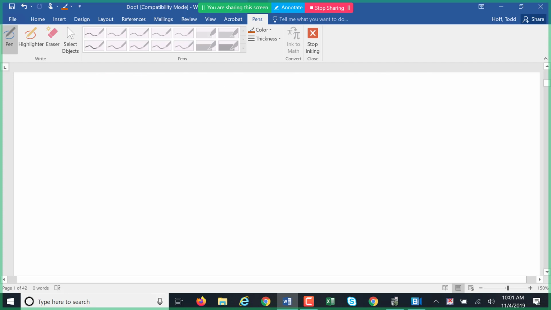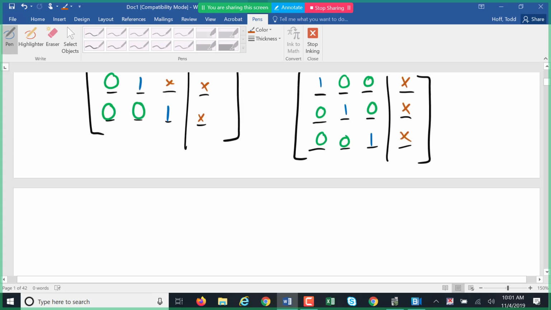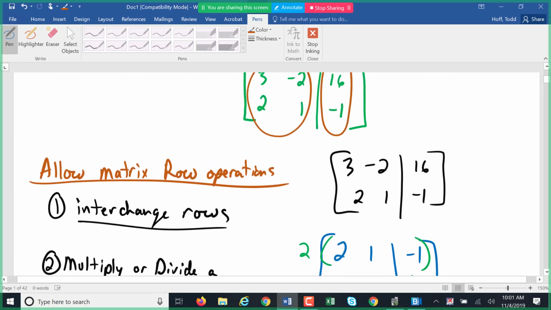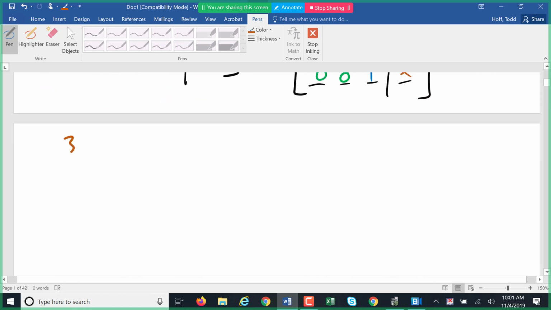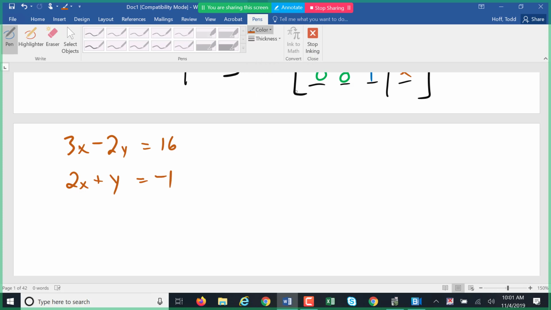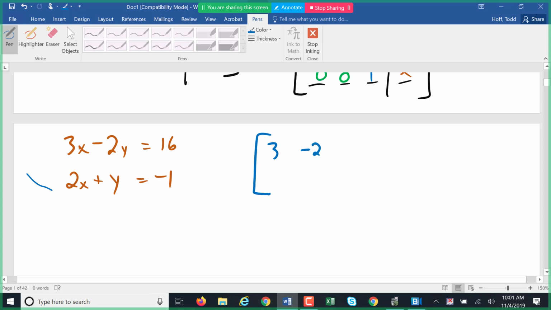So I'm going to give you a system of equations. We actually had one up here. Let's go back up to it. 3, -2, 2, 1. So here's our system of equations. Now we've already put this into an augmented matrix. We've seen it. It looks like this.